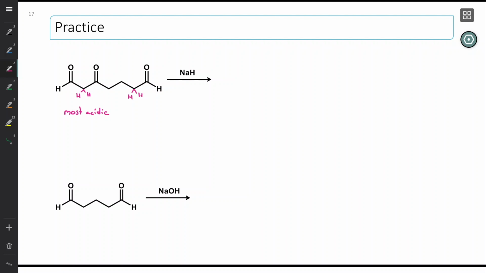So our enolate is going to be this one, right? And then 1, 2, 3, 4. So now our aldehyde on the end is going to be the electrophile that gets attacked. So let's count 1, 2, 3, 4, 5, 6. Great, 6-membered ring, definitely favored.